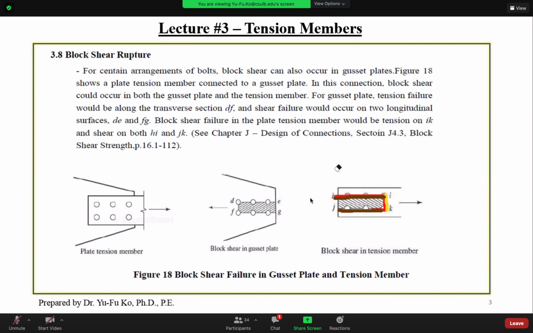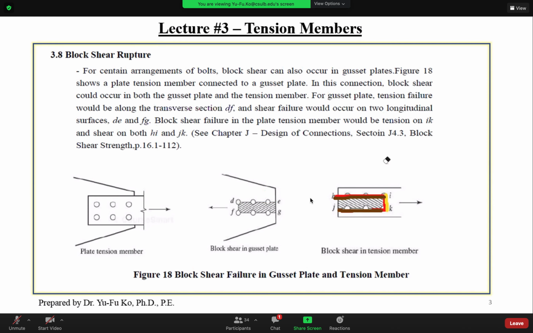Any questions? No, sir. All right. So for the block shear definitions and the equation for the block shear strength, let me state you need to go to Chapter J, Design of Connections, Section J4.3, and in the 13th edition of the manual it will be page 16.1-112.